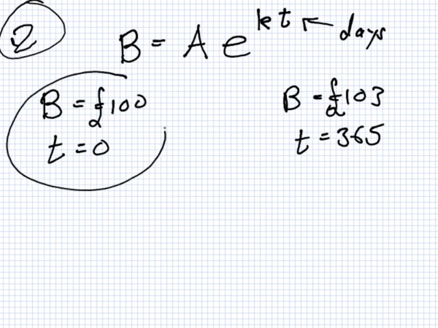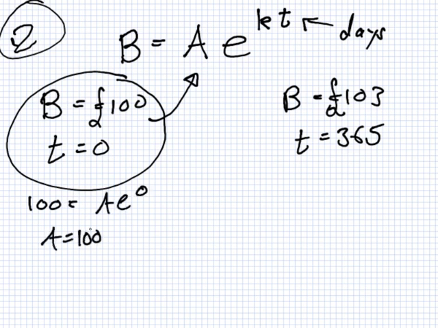Alright, well this here is useful because if I put that in, I get 100 equals A E^0. So A equals 100. Easily one, because day one. At the end of the first day, it'd be 1.